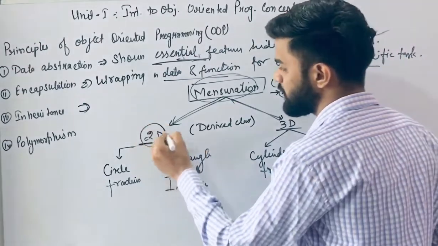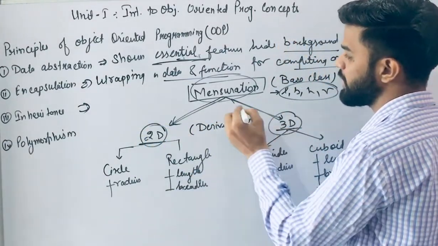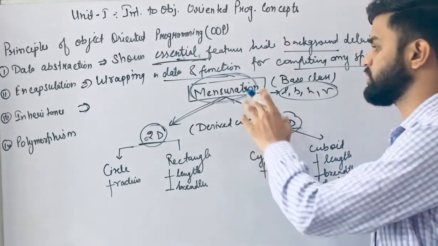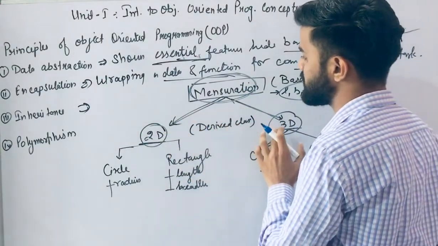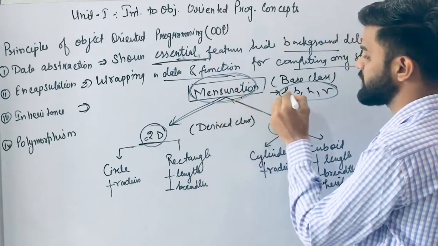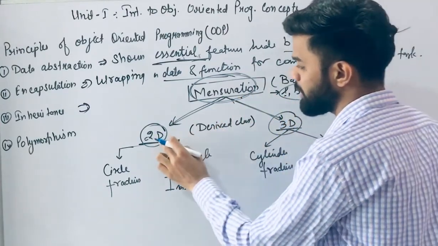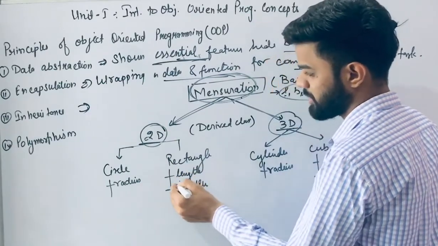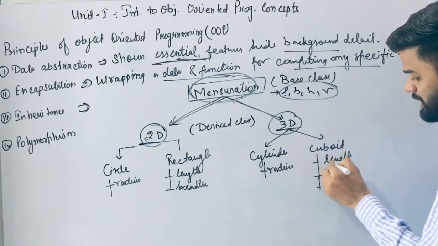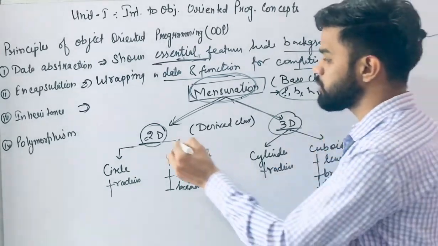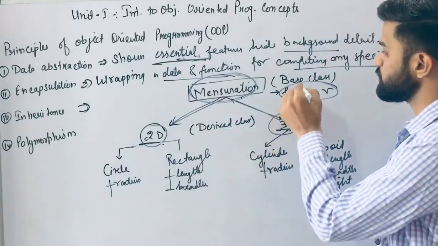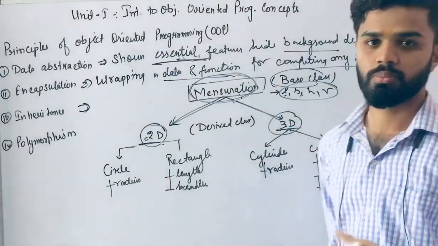Both 2-dimensional and 3-dimensional inherit mensuration properties, because mensuration always deals with length, breadth, height and radius. 2-dimensional deals with only length, breadth and radius, and 3-dimensional deals with radius, length, breadth and height. So 2-dimensional and 3-dimensional both inherit from the base class, meaning mensuration properties.